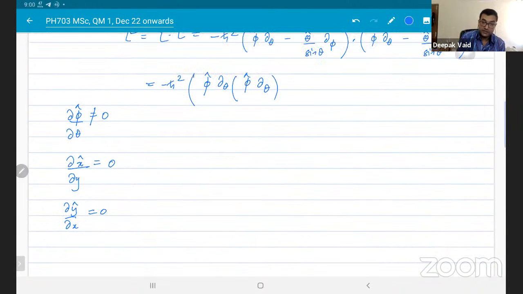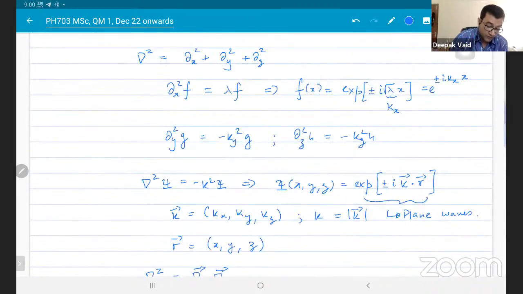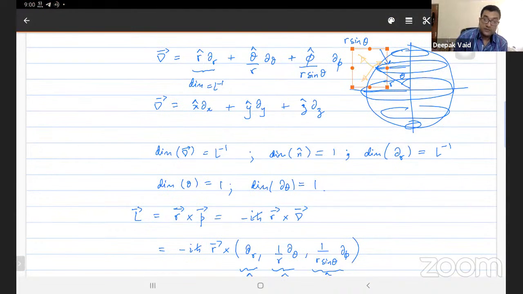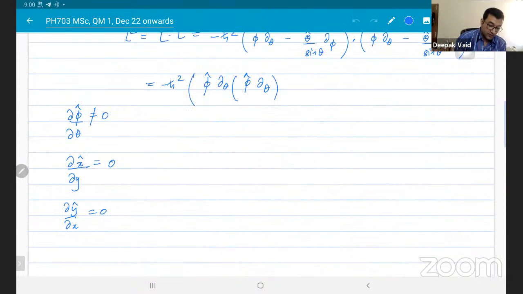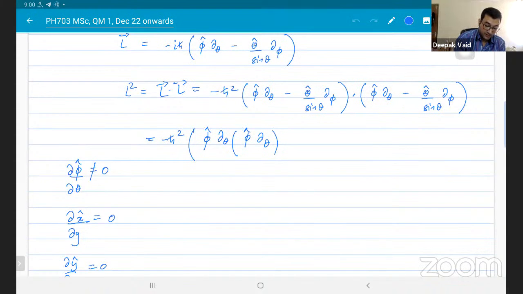But in spherical coordinates, this is not true. The reason is that as you go around the sphere, the coordinate axes don't remain the same. They keep changing. r hat will change as a function of theta and phi, and the same for all the others. So one cannot just blindly do this calculation. You have to be a little bit more careful than that.